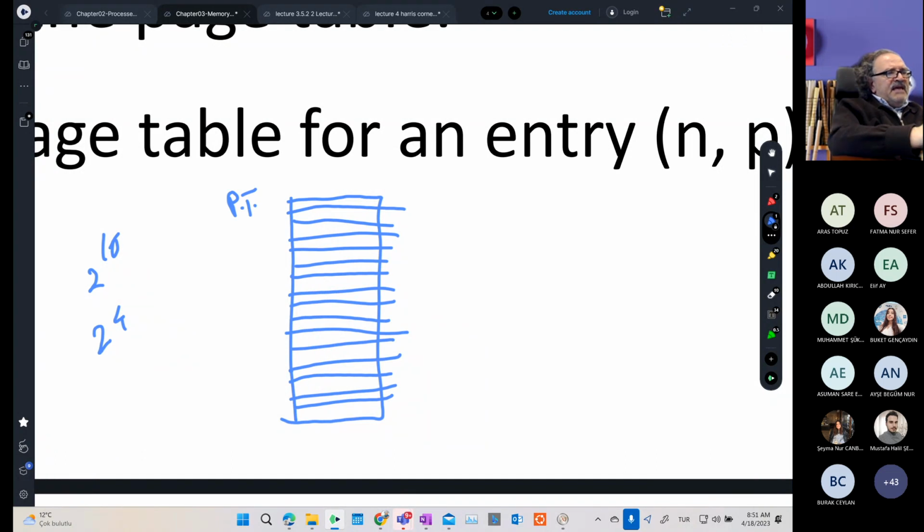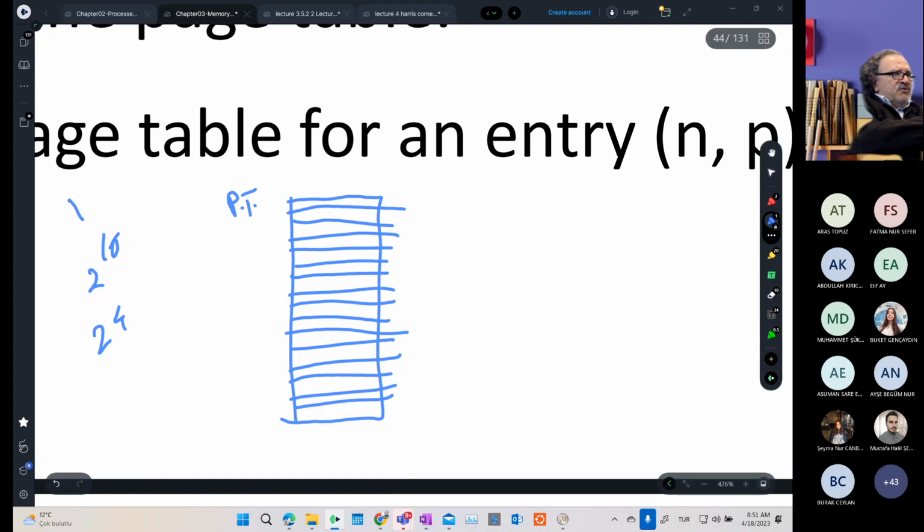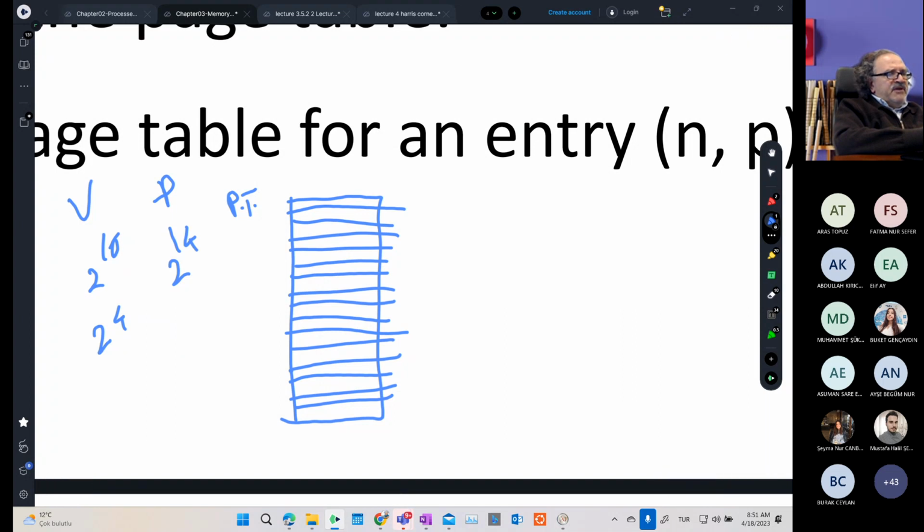Okay, and let's say my physical memory is only, this is virtual and this is physical, 2 to the, let's say, 14. If it is 2 to the 14, how many pages do I have in my physical memory?